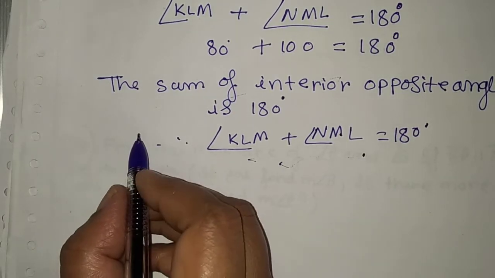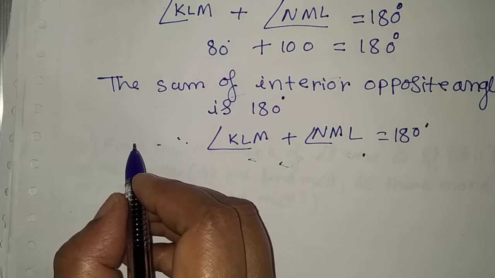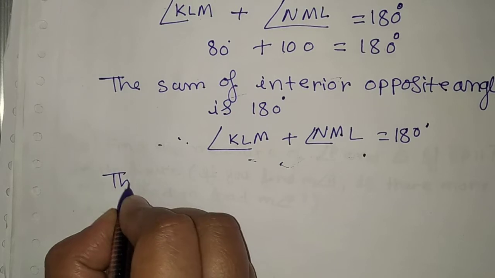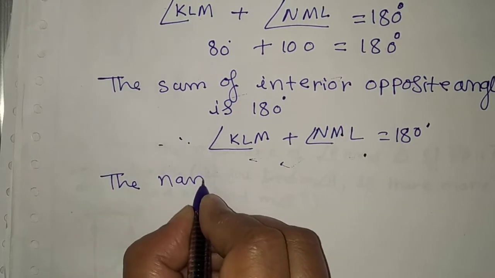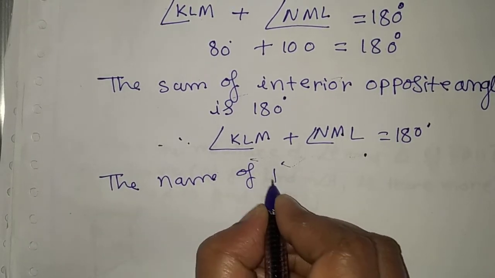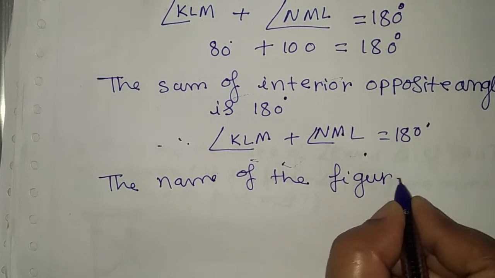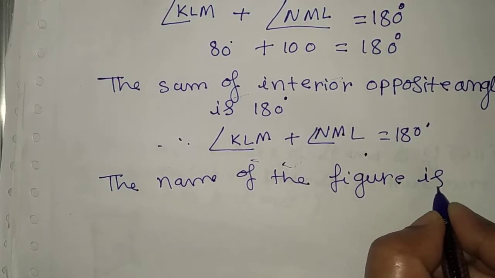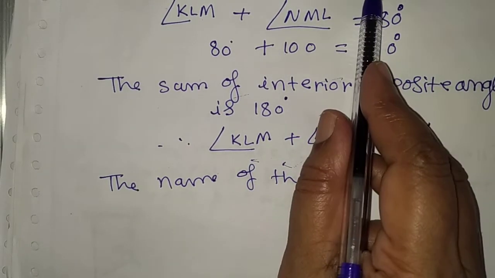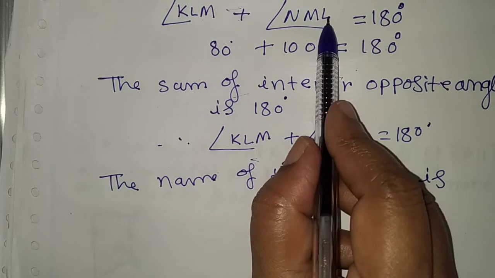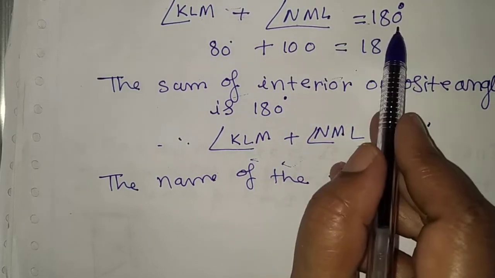So we write down the name of the figure given. That's why this satisfies these two conditions, because these two sides are parallel, and when we add the interior opposite angles, we get 180.